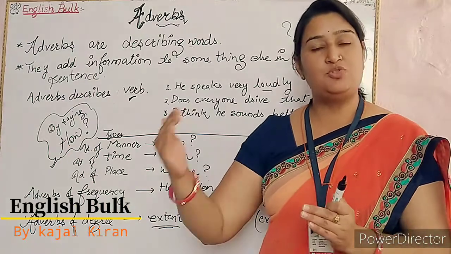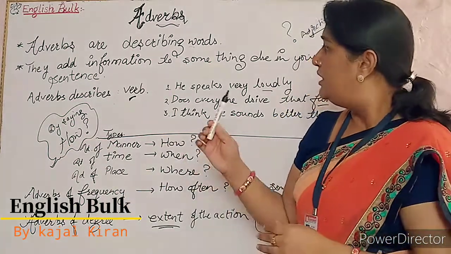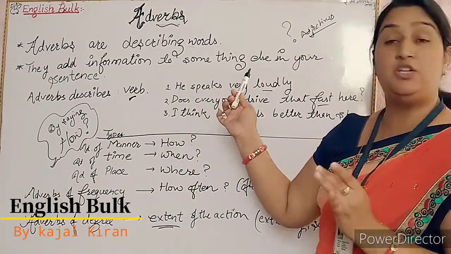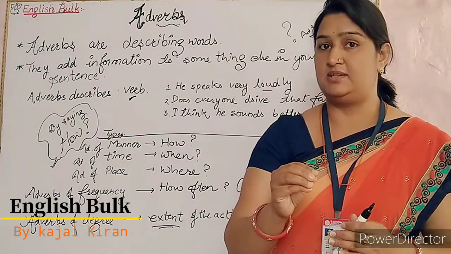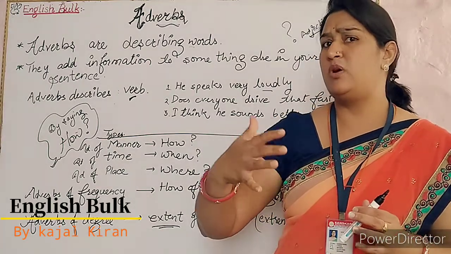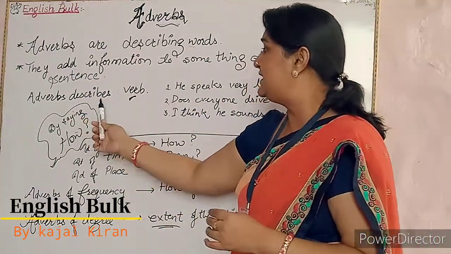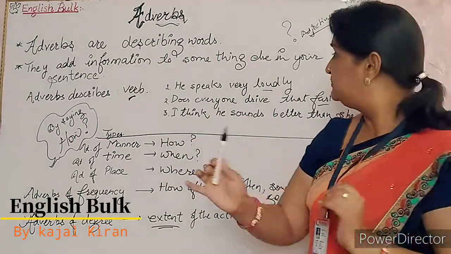Verbs की meaning में कुछ और add करते हैं. ठीक है? Adverbs also add some information in a sentence. Okay, we come to know about some more extent also. Now, adverbs describe verbs. Verbs को describe करते हैं adverbs.